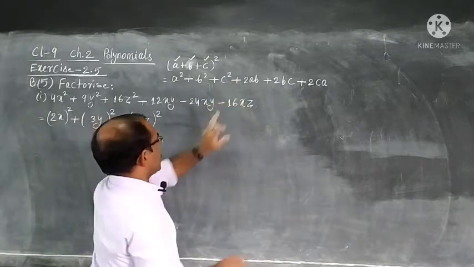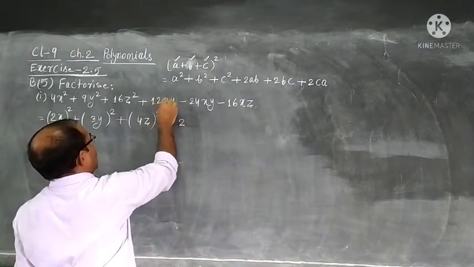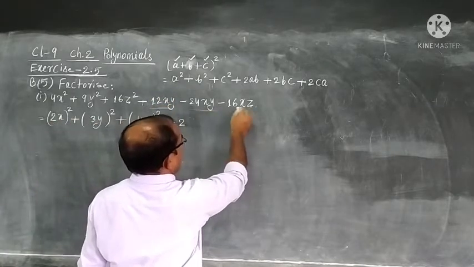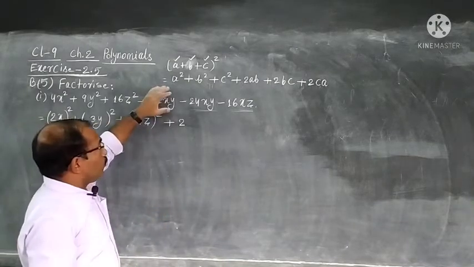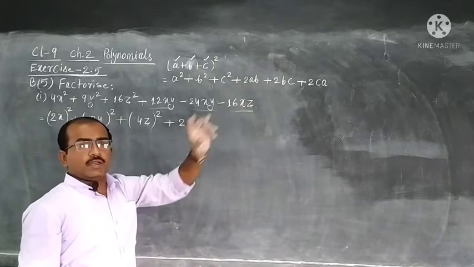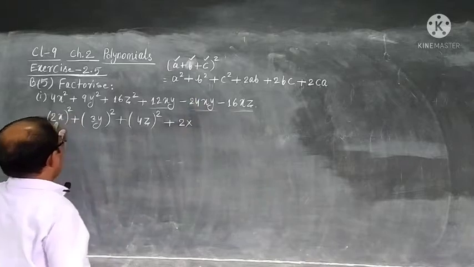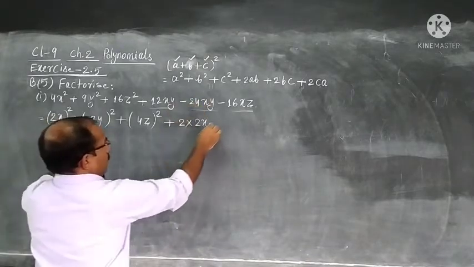Then the identity has plus 2. Now you may be thinking, what about these three terms, 12xy, minus 24yz, minus 16xz? So we will not look at them here, we will see what the identity is. Identity is 2ab. So 2 is okay, it is in the identity. A is 2x, b is 3y.